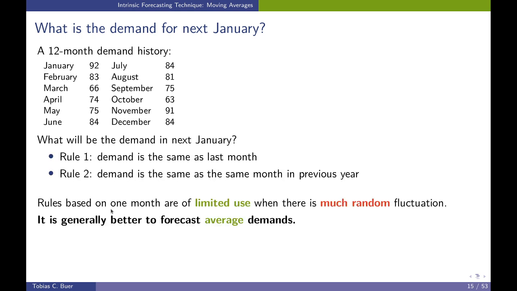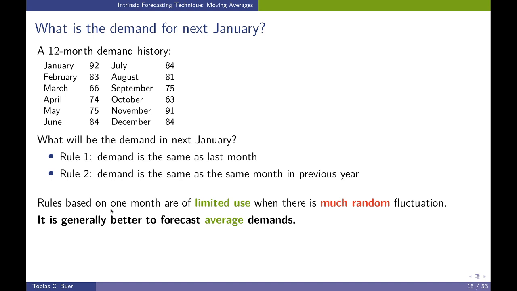Well, we could just use some rules of thumb. For example, the first rule of thumb that can be useful is that the demand for January of the next year will be the same as the demand in December of this year.